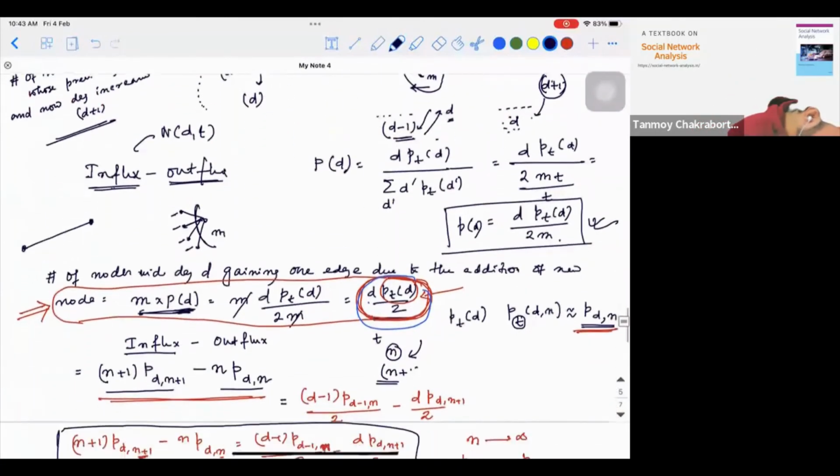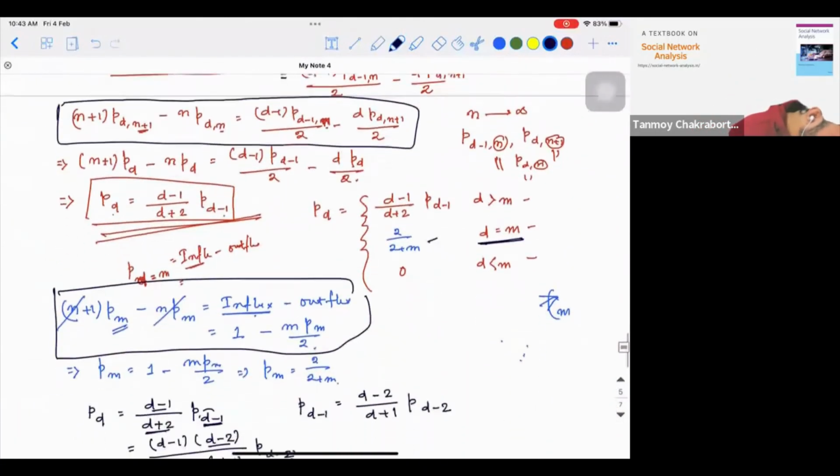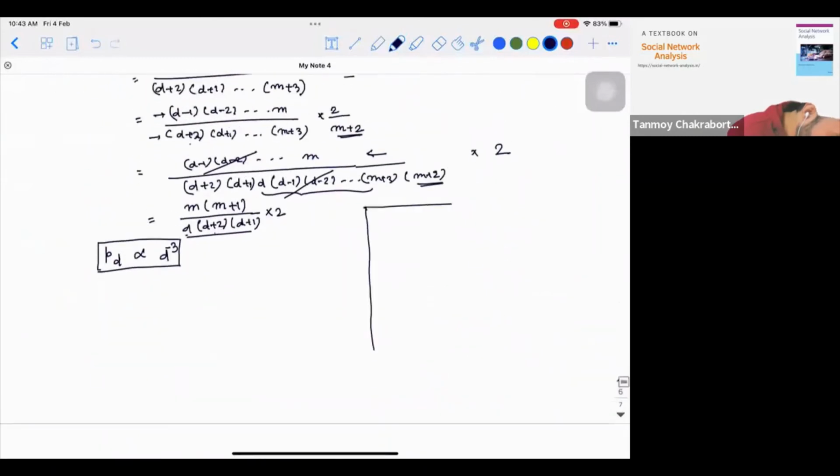Okay, so now let's look at the problems, the limitations of the Barabasi-Albert model. The first limitation is that at every time step, there is only one node coming in. And if multiple nodes join at a particular time, then what would happen?